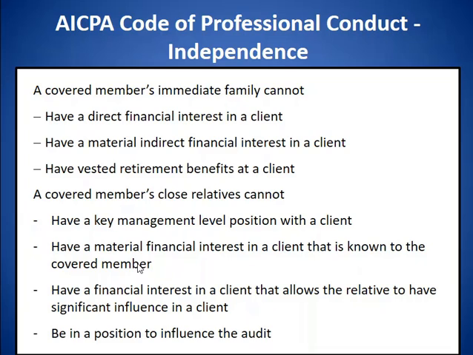Also, a covered member's close relatives cannot have a financial interest in a client that allows the relative to have significant influence in the client. And also, the covered member's close relative or relatives cannot be in a position to be able to influence the audit.